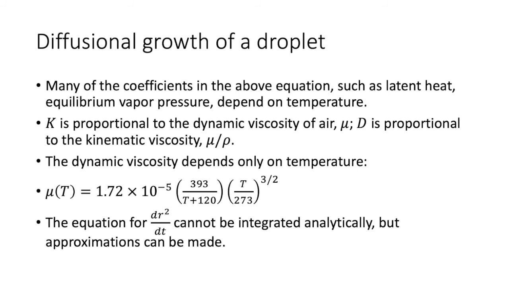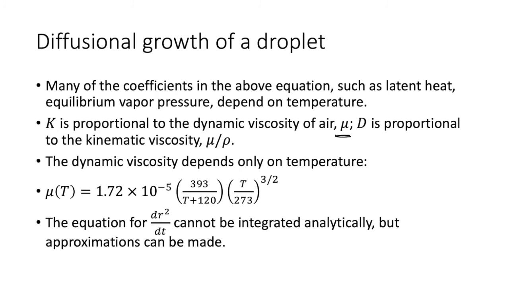Well, it turns out that we can quantify this dependency to some extent. K in particular is proportional to what we call the dynamic viscosity of air, which we indicate as mu, and D is proportional to what is called the kinematic viscosity, which is nothing else than the dynamic viscosity divided by the density. And the dynamic viscosity can be computed with an empirical formula that was probably determined experimentally, so there's no need to sit down and think about ways to derive this.